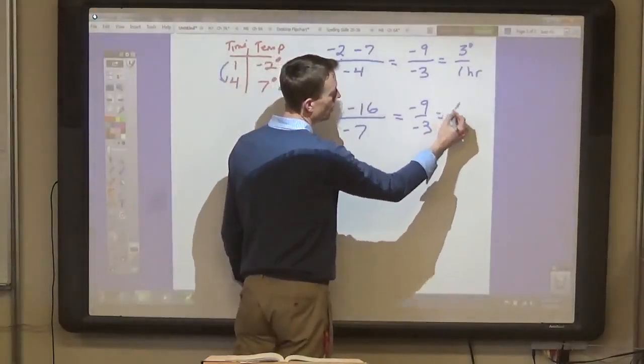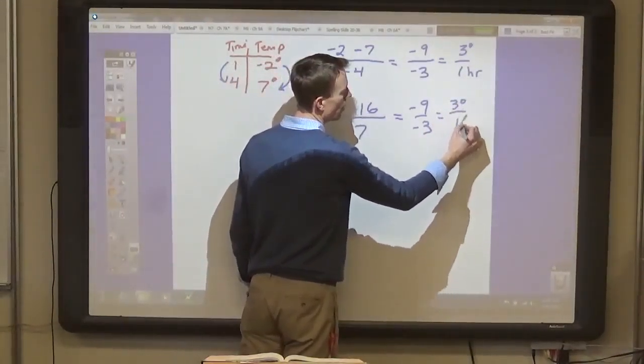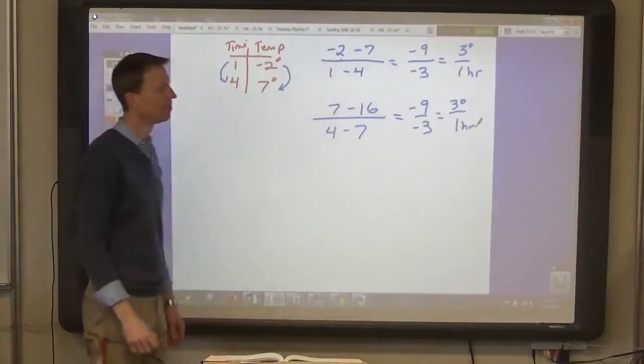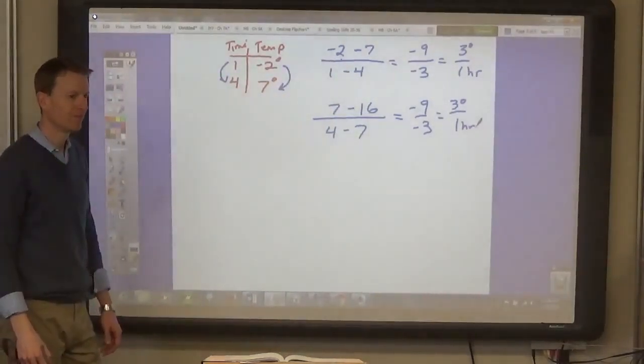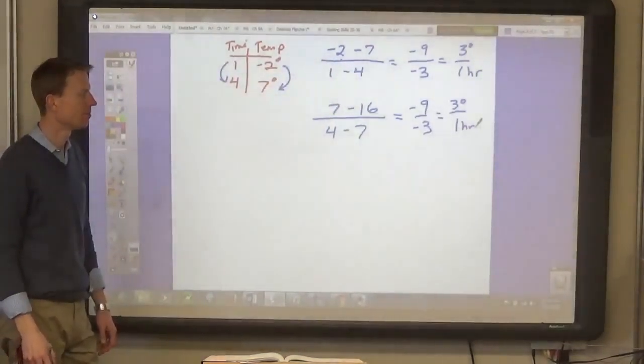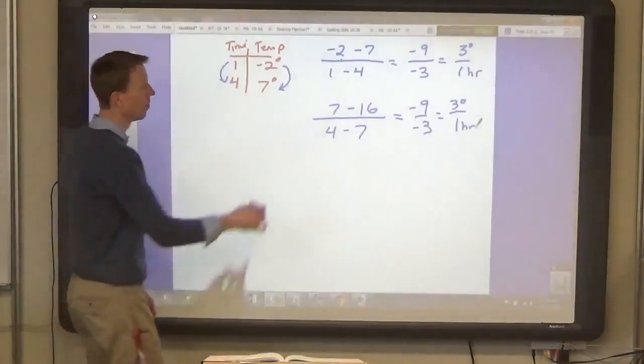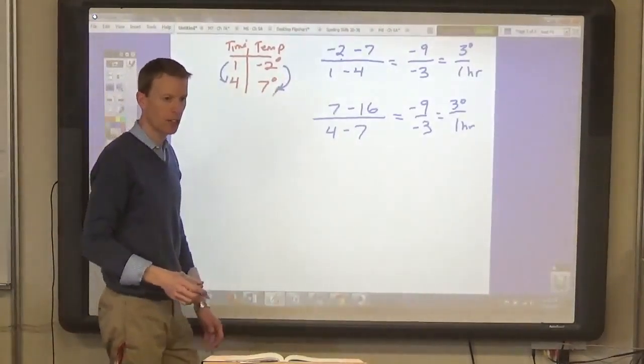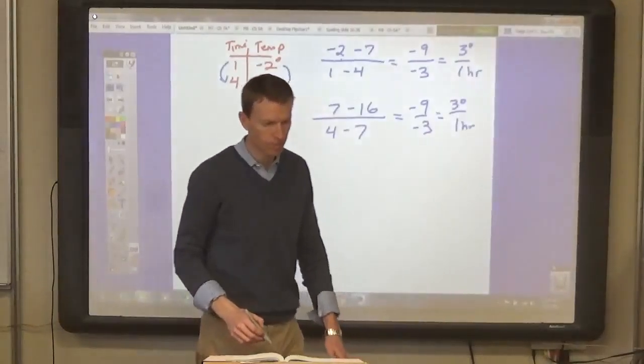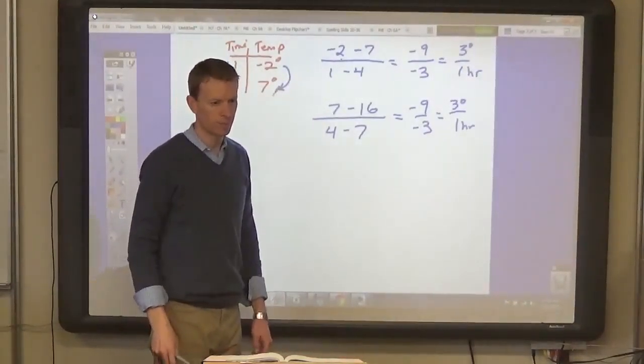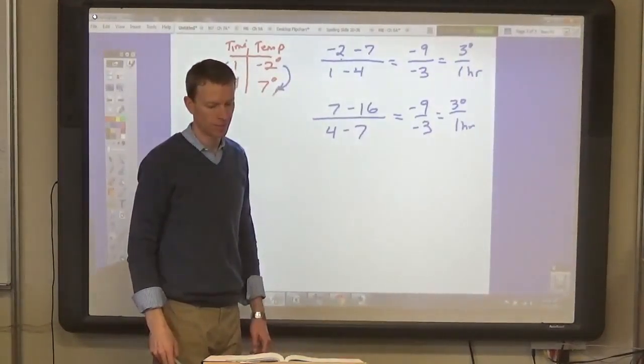So it's still 3 degrees per hour. Isn't that what it shows on the chart, Isaac? Yes. So I was right. It has something to do with 3.